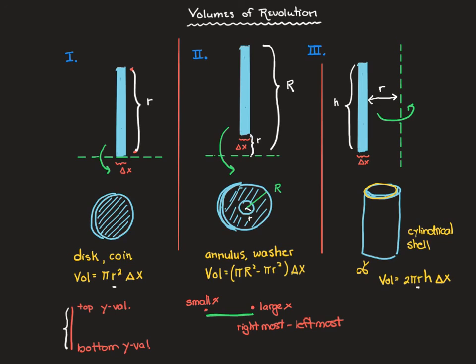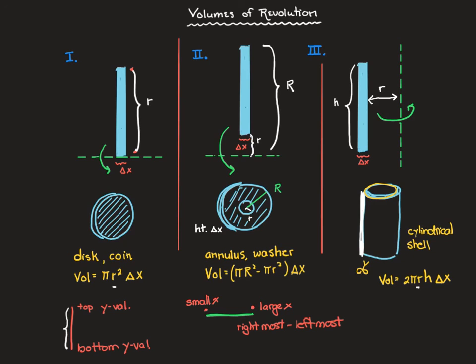So, there are a few things that people sometimes get confused about. Discs usually are solid. But what's the difference between an annulus and a cylindrical shell? For a cylindrical shell, the height of the shell is substantial. Whereas here, for an annulus, the height is simply delta x.